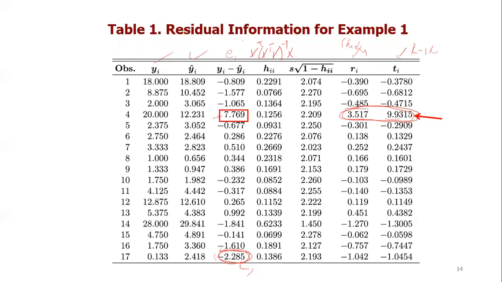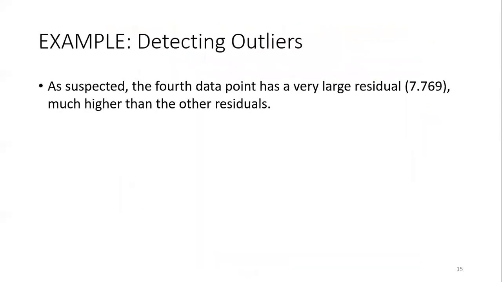If the experimenter feels that there can be a problem with the fourth experiment and it should be checked, then what you should do is remove this data point and redo the regression.